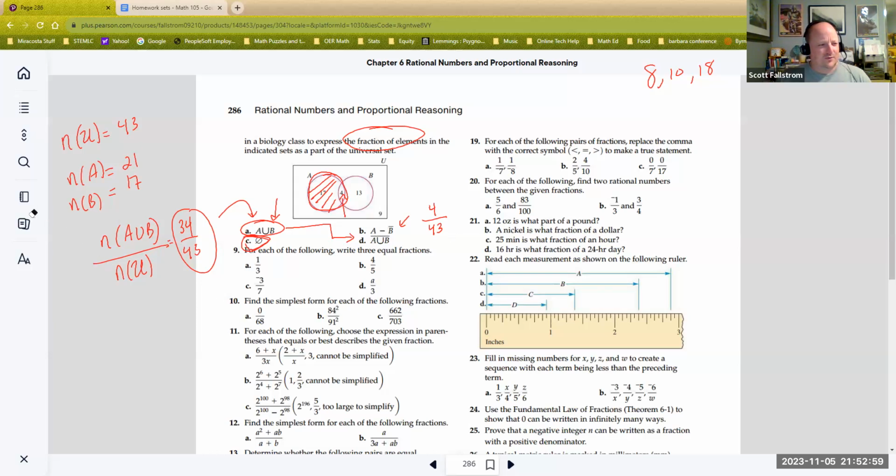Find the simplest form. Okay, so now we're looking down here at question 10. Find the simplest form. Well, you've got options here, but the simplest form, remember, would be when the GCD is 1.